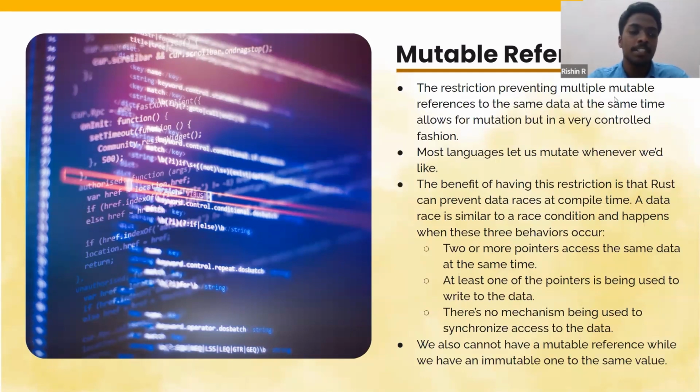The issue is a data race, where multiple pointers can be used to edit the same data, which is possible in different languages like C and C++. You can actually take multiple references to a particular piece of data, and this is prevented using other mechanisms like locks and semaphores.